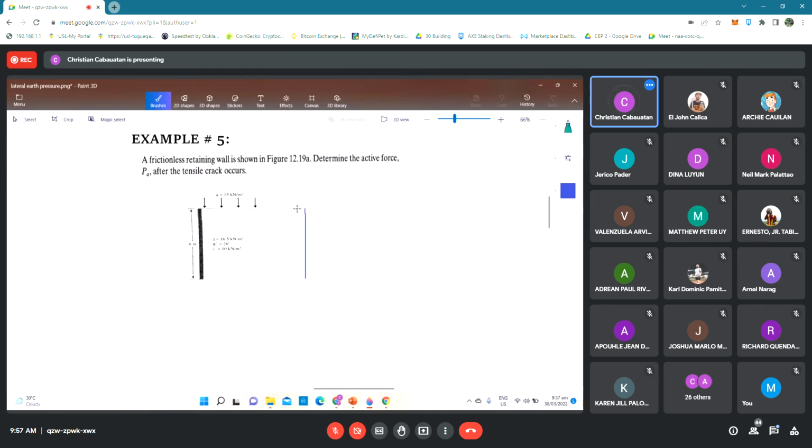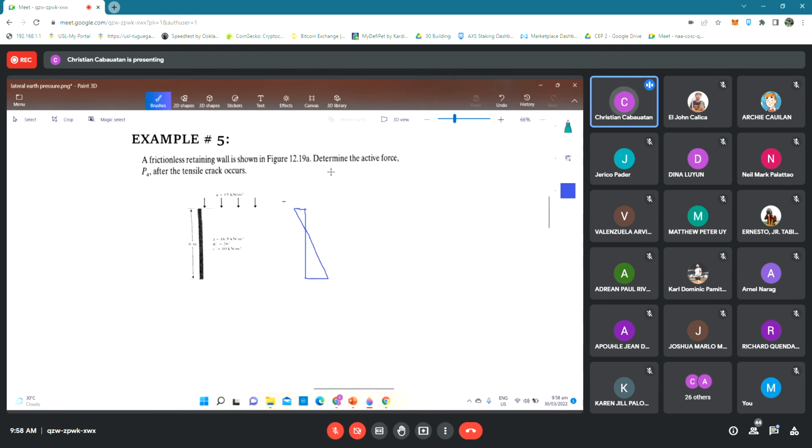And then this part would be the negative since it is an active force, no?